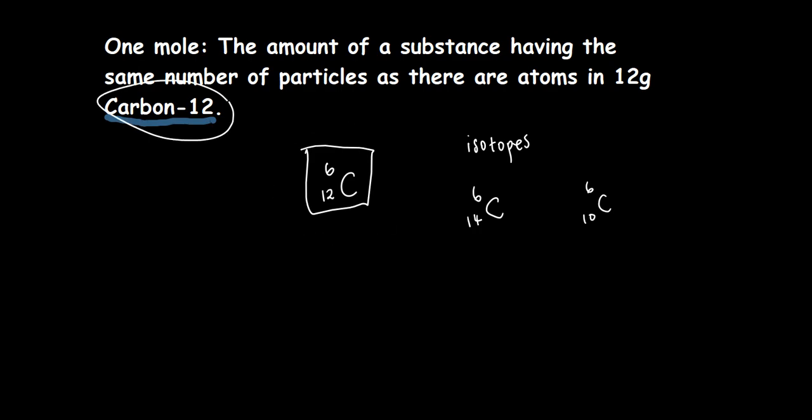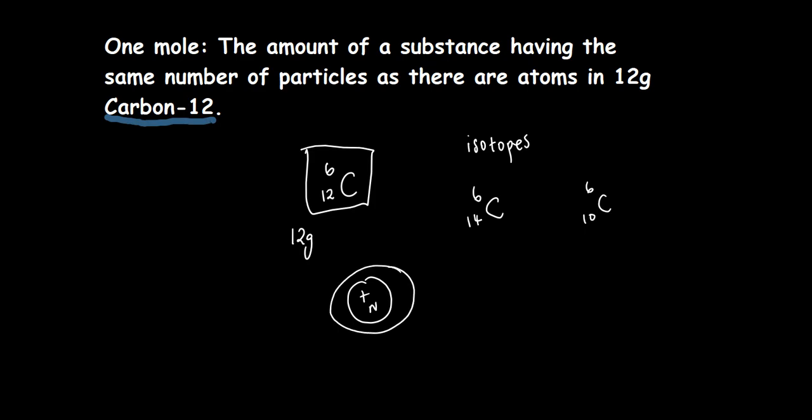That's what this statement is saying. But we have 12 gram of that carbon 12. So if you have 12 gram of this carbon 12, what we can say is that Avogadro measured how many atoms. Remember, one atom of carbon is going to have a nucleus with protons and neutrons, and then it's going to have electrons outside like this.